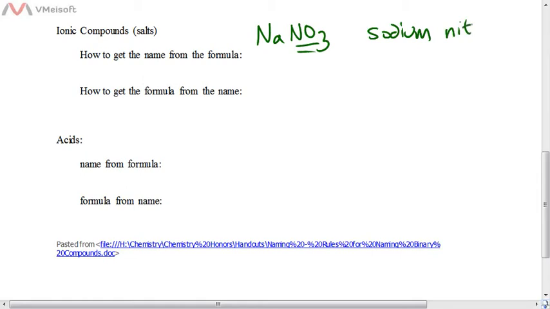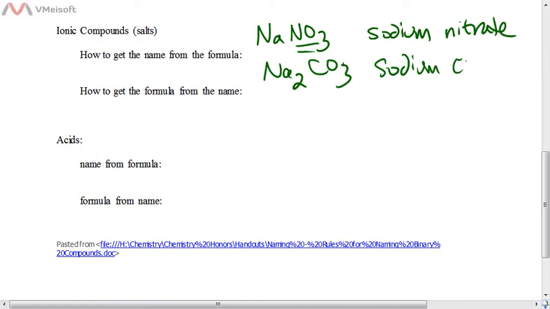So, the name of this thing is sodium nitrate. Not so bad, okay? This one is sodium carbonate. So the hard part here is really just committing to memory the number of each atom and the charge of these polyatomic ions, okay?